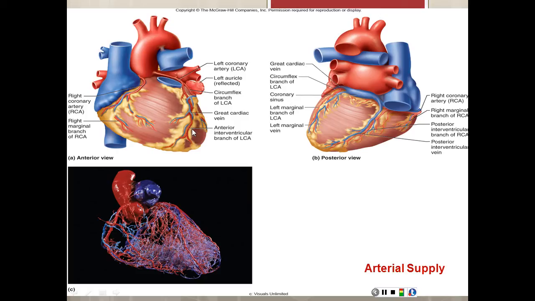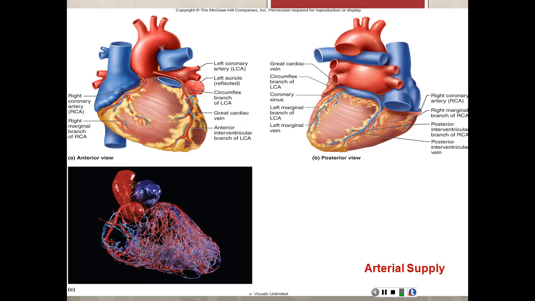So remember I said that the left coronary artery right here is coming straight from the aorta. Remember in that other view, the cross section, you saw those two little holes in the valves, in the cusps of the aortic valve.